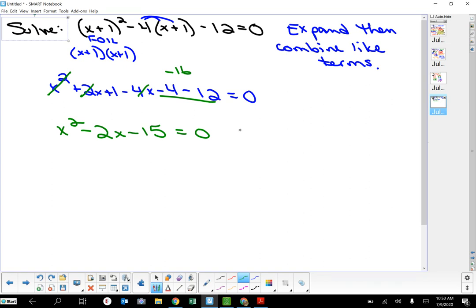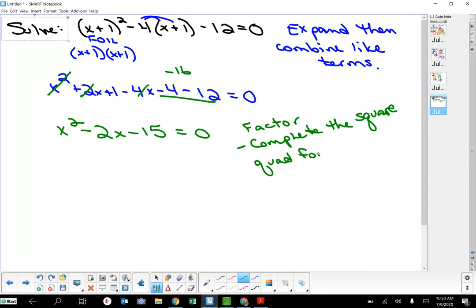And you could factor. You could complete the square. Which I think I'll do this just to remind you how. And then you could also do quadratic formula. And I'm going to tell you what, why don't you decide which one of those you're going to use?